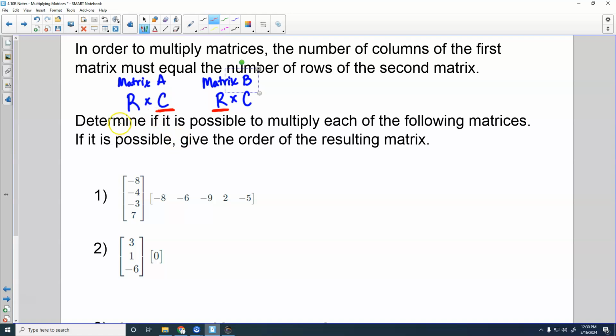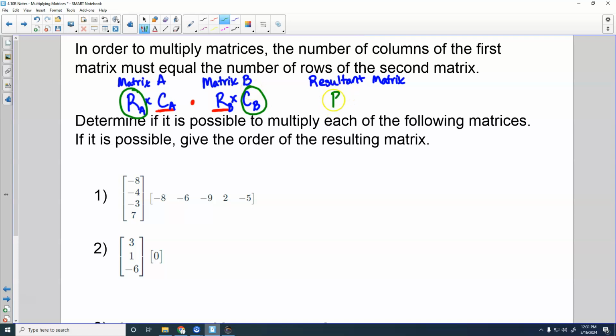Also, whenever you multiply these two together, let's do RA and CA and RB and CB to show rows of A, columns of A, rows of B, columns of B. Your resultant matrix is going to be made up of the rows of the first matrix and the columns of the second matrix.